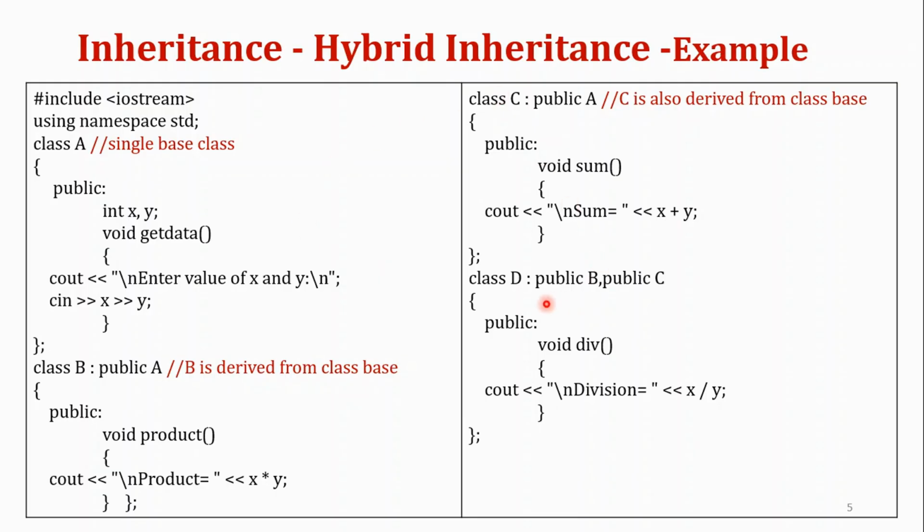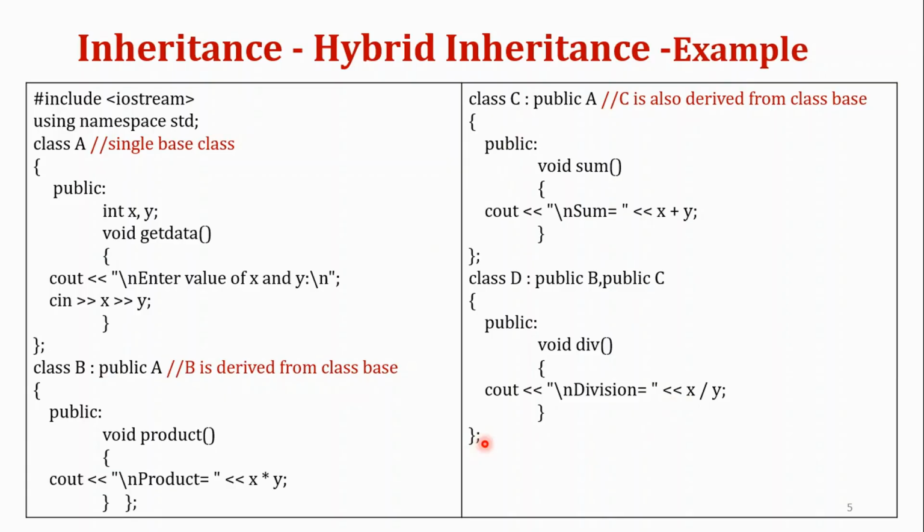Through either way, x and y are available in class D. Actually, class A is inherited two times to class D, once through B and once through C. Division needs x and y, which are available in the public part of class D through B and C.